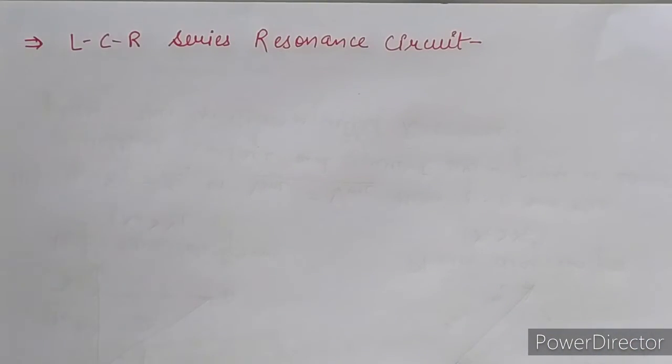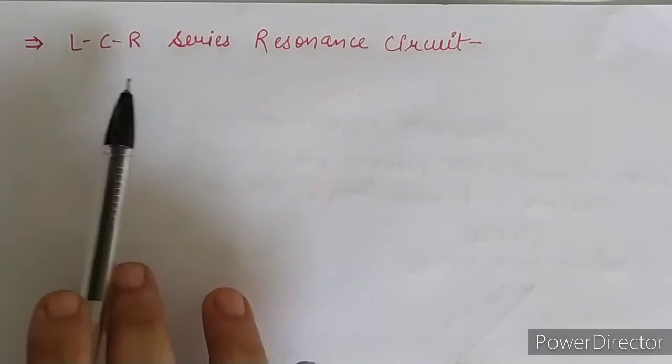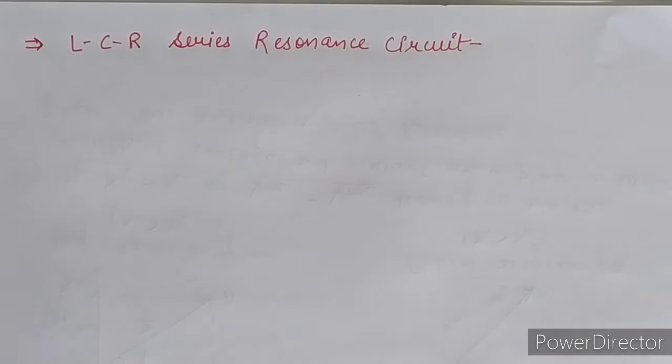In the LCR series resonance circuit we have an AC circuit, and L, C and R are connected in series, and a phase difference exists between the voltage and the current with the impedance of these elements.